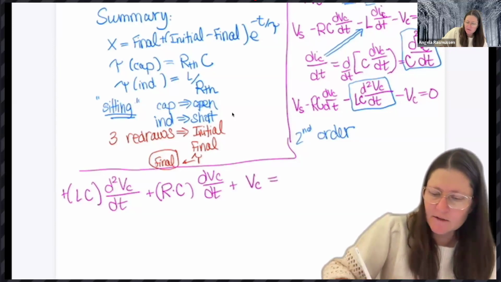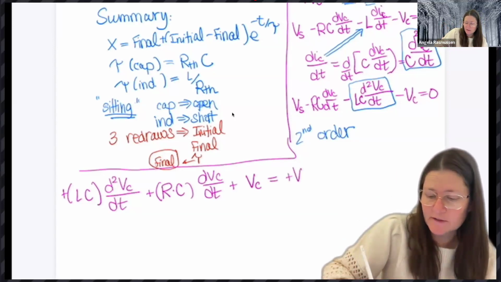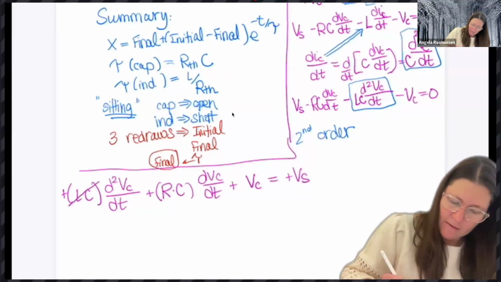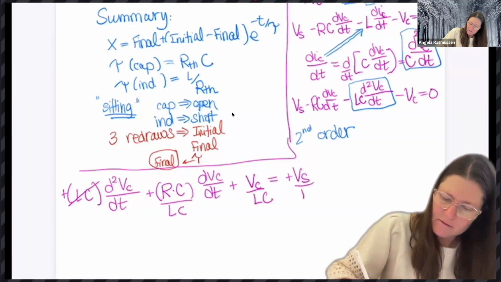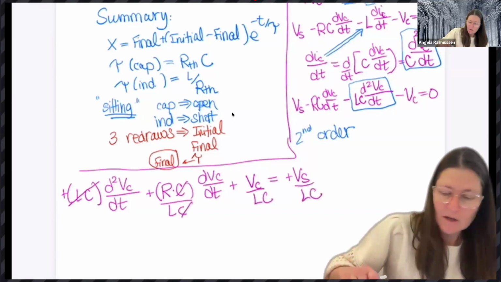And then I'm going to take the VS over to the other side, so it becomes a minus, and then it becomes a plus on the other side. And then I'm going to divide this all by LC. That will cancel out those C's.